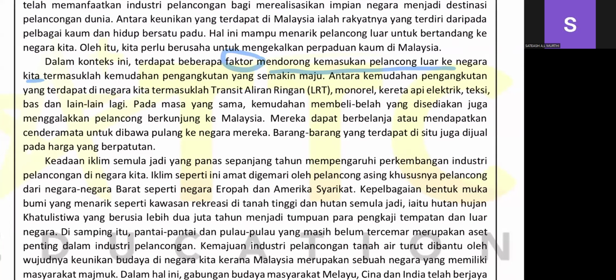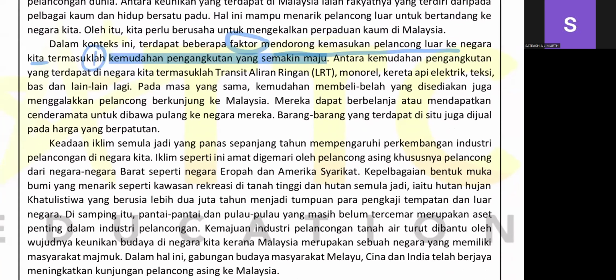Yes, correct. Kemudahan penginapan yang semakin maju. This is the first reason. Okay, what else? We don't put antara kemudahan here. We don't put a contoh. What else is the reason? Iklim. Yes, correct. Keadaan iklim semula jadi yang panas sepanjang tahun.